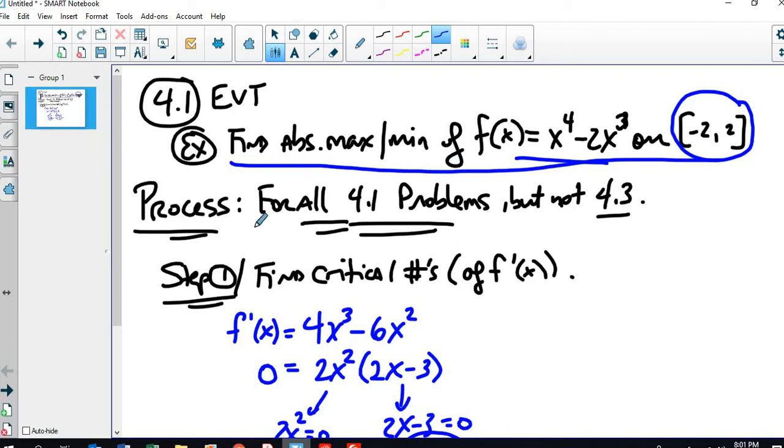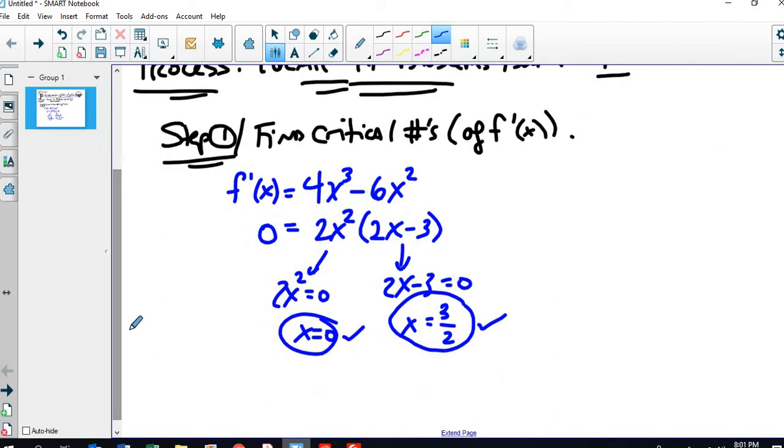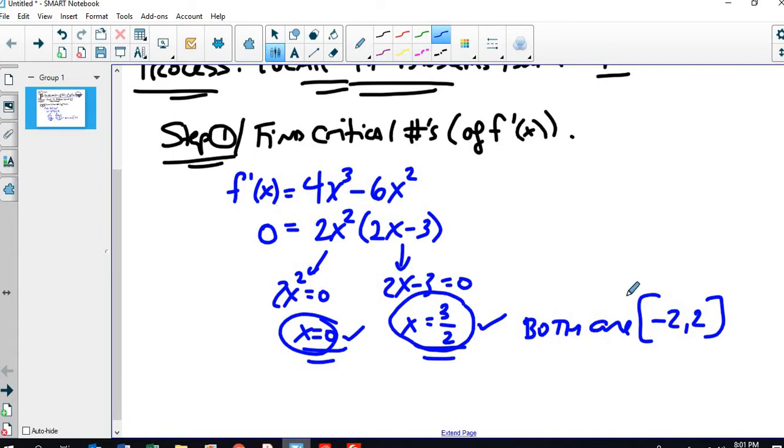So if I get a critical number of 7, I don't care about it for this interval. Well, it turns out that both of these critical numbers are between -2 and 2, and so we are good with both of them. Okay, so step one is to find the critical numbers.